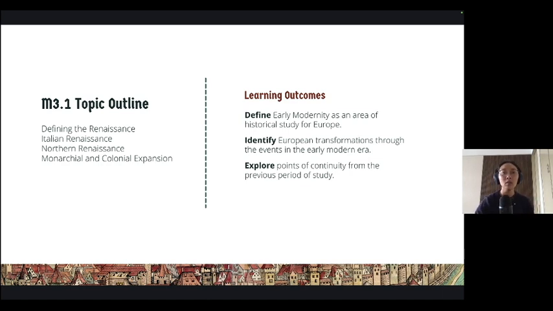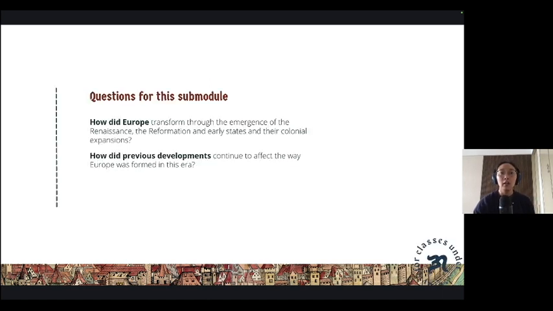So really, we're looking at transformations of Europe in this era, just for us to understand how new states are emerging, what are the key movements and revolutions that end up shaping our concept of early modern Europe.